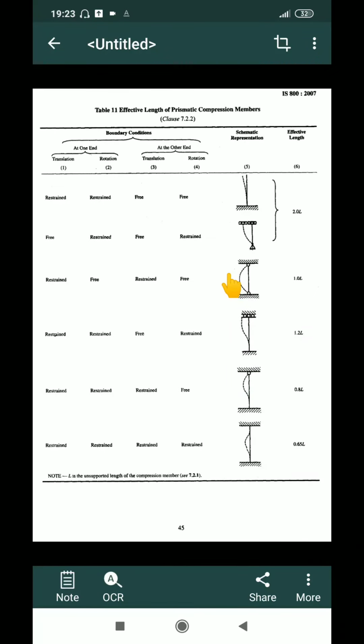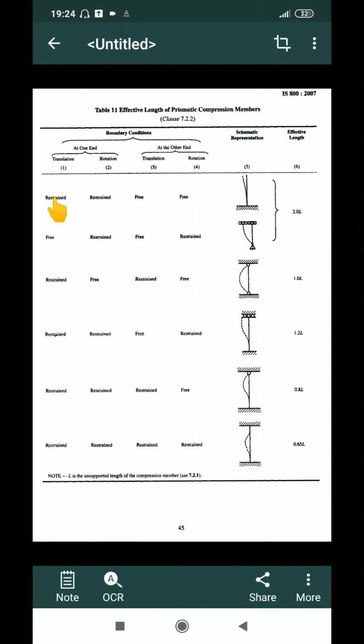This is table number 11, which gives effective length of prismatic compression members, and this table is available in IS 800 2007 page number 45. This table gives you the relation between effective length and actual length.